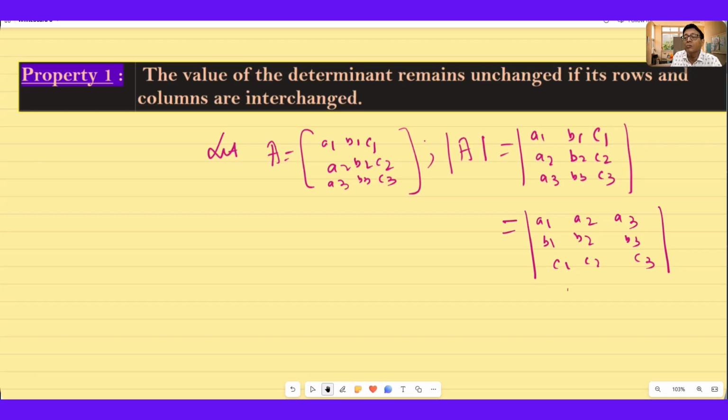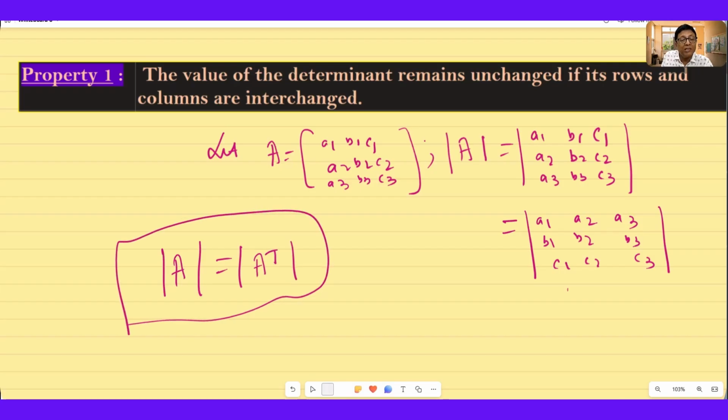So we can write in this property that the determinant of A and the determinant of A transpose have the same value. Sometimes it helps us to solve problems. That's why we remember this one as a property of determinant.